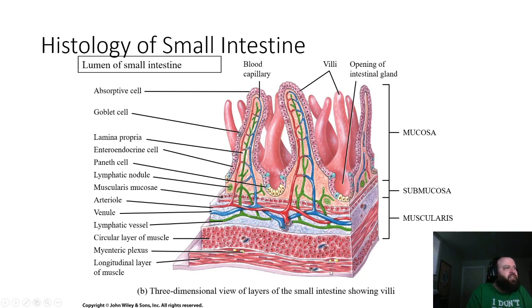Remember, in the stomach, there were actually 3 layers of muscle, but now we've gone back to 2 here. And then finally, when we're talking about the small intestine, we have a serosa in the jejunum and the ileum. If this was the duodenum, however, this would not be a serosa. This would be an adventitia because the duodenum is retroperitoneal.